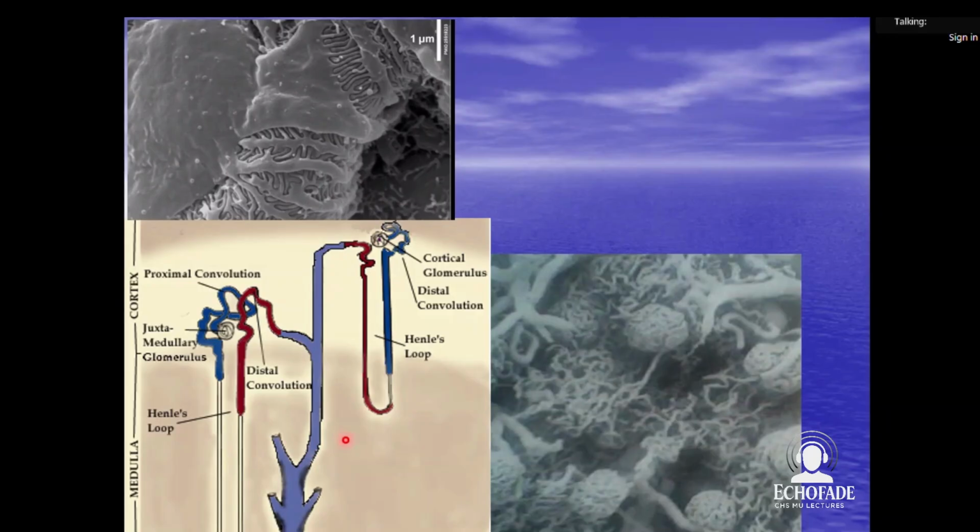Sometimes we have groups of collecting ducts extending all the way from the cortex to the medulla. Those are referred to as the ducts of Bellini. These are just large collecting ducts which are aggregated together, extending from the cortex all the way to the medulla.